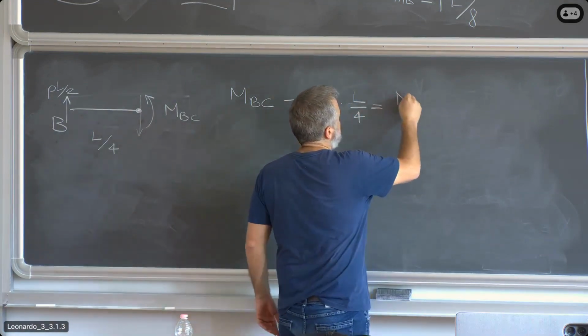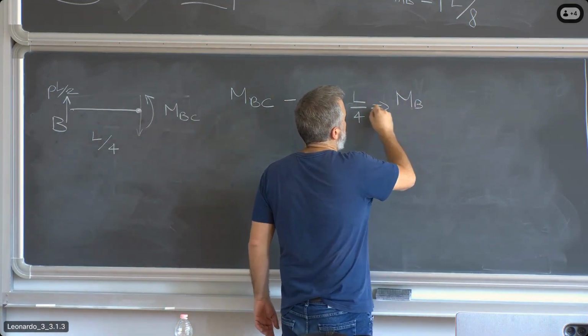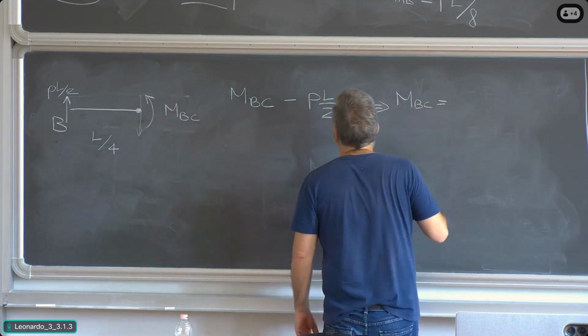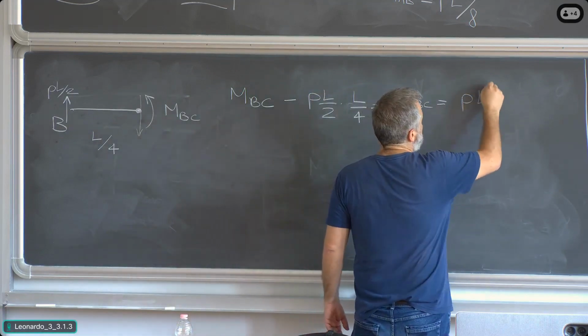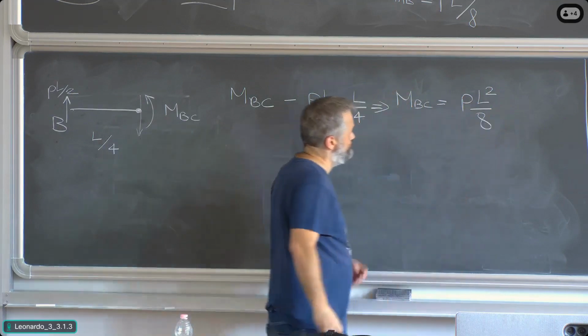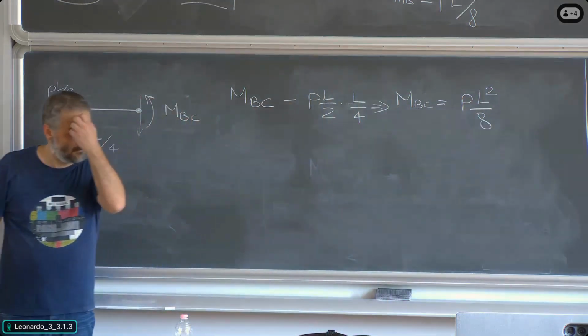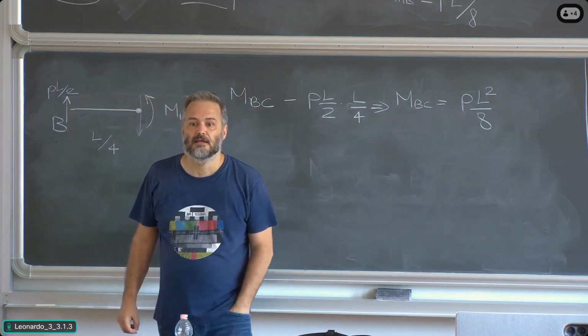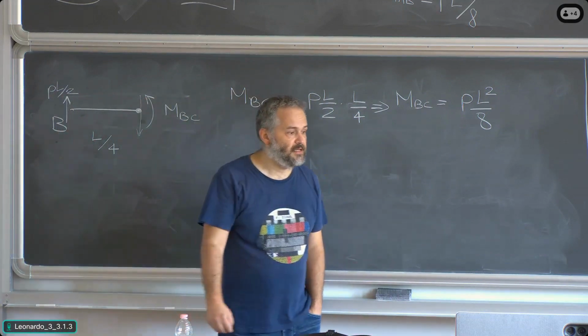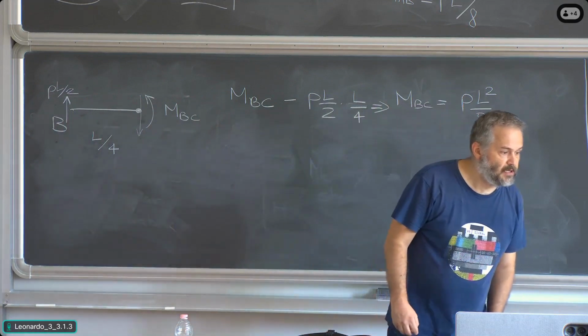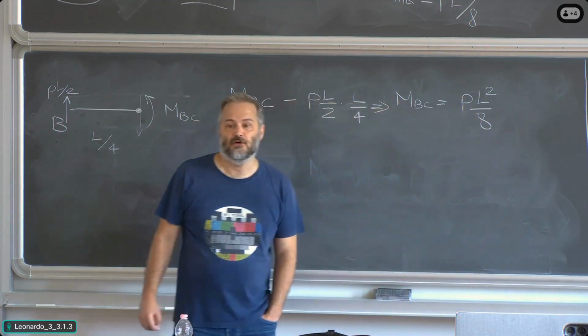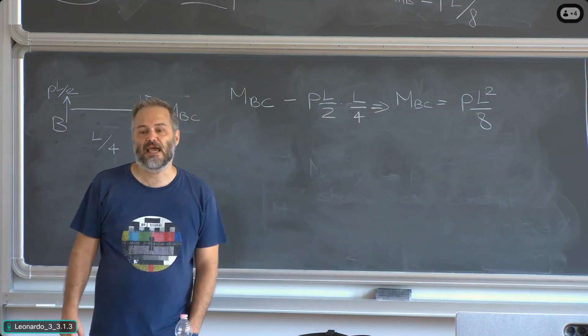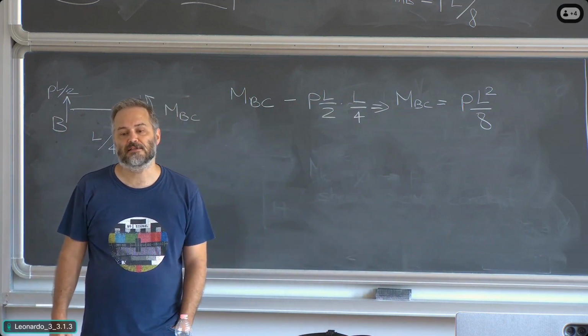So again, MBC is equal to PL squared divided by 8. This is the maximum bending moment in a simply supported beam subjected to a concentrated load whose value is PL and whose span is L divided by 2.